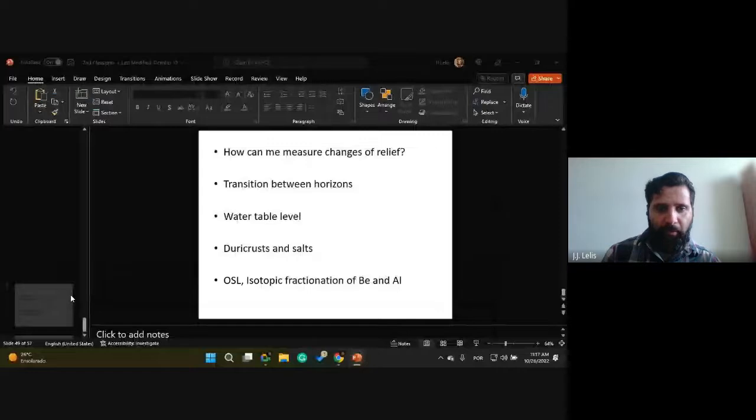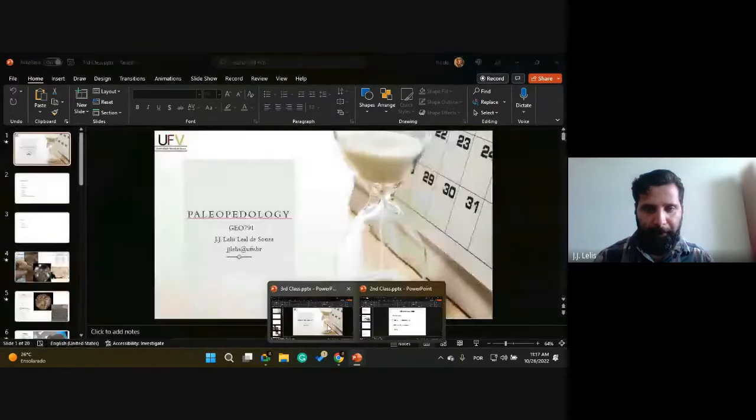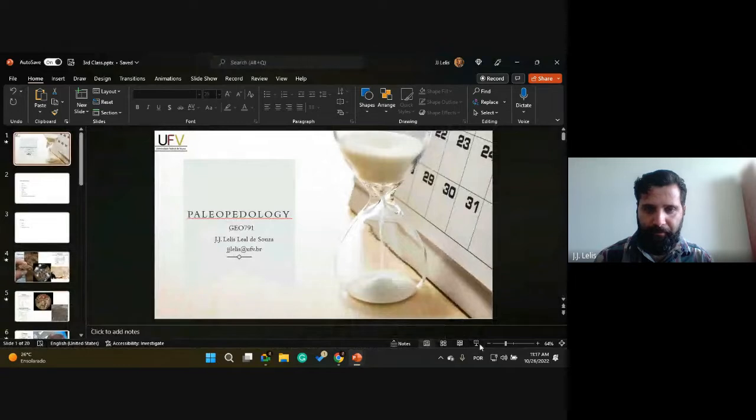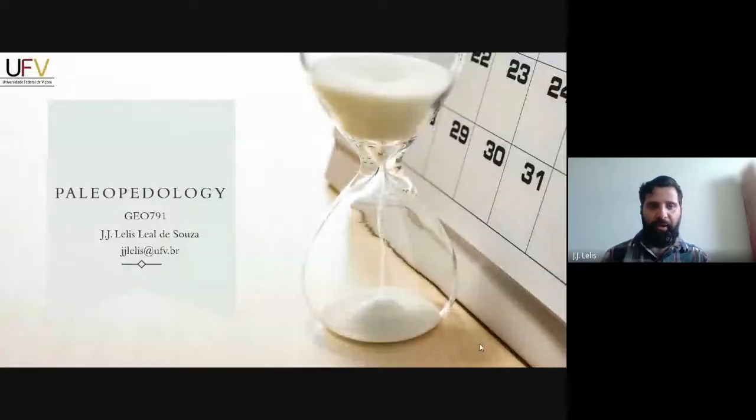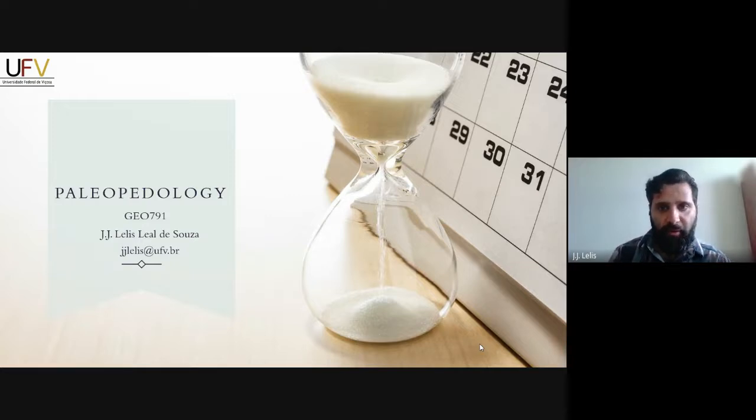So now we finish the discussion about the soil formation factors, and we could start the discussion about how we could use some morphological descriptions to describe changes in the soil through time, okay?